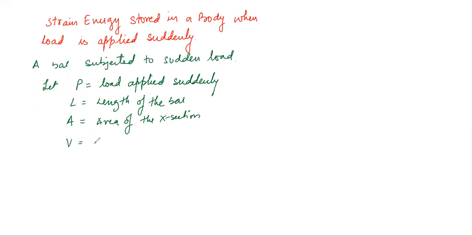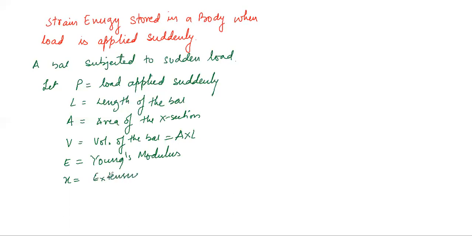V is the volume of the bar, which is also written as area into length. E, we all know, is Young's modulus. And X is the extension of the bar due to load P.